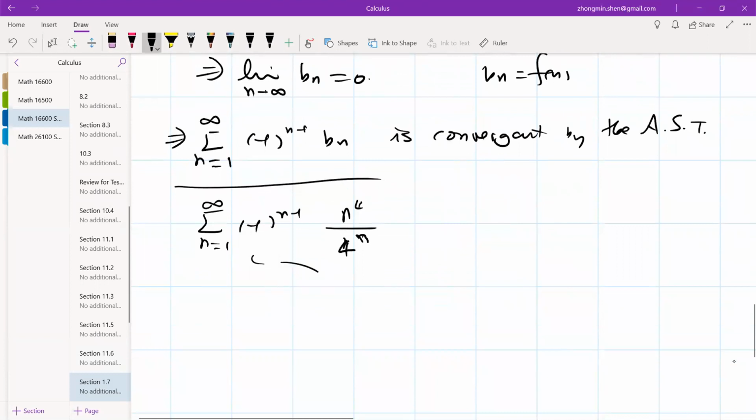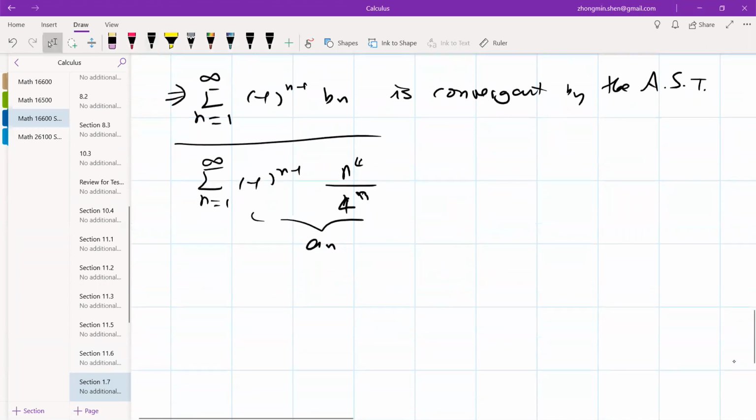Okay, so this is my a_n, right? It could be negative. So I use this. Take a look at the limit of the nth root. It's a root test.